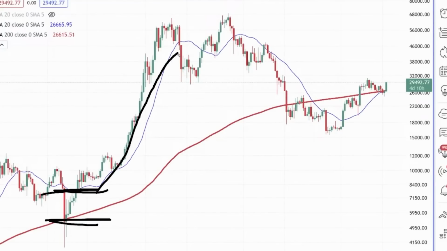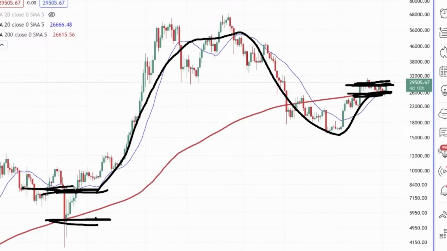Narrow to wide. Wide. Back to narrow. I hope you see that.